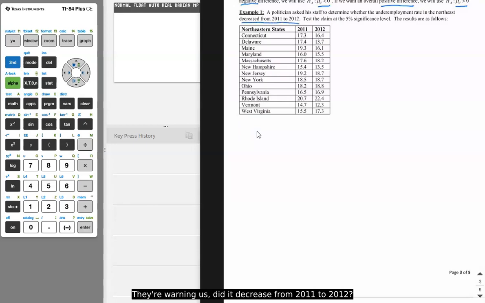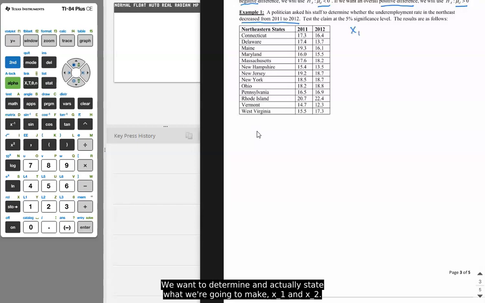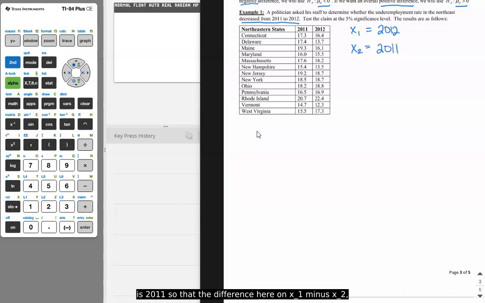So we want to determine and actually state what we're going to make X1 and X2. X1 is going to represent 2012 and X2 is 2011, so the difference here is X1 minus X2, 2012 minus 2011.